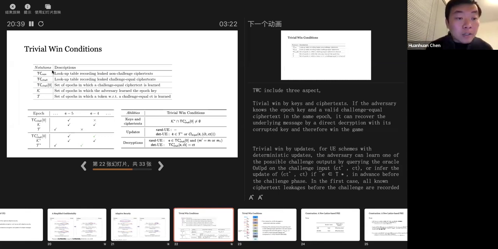And we add a new lookup table of non-challenge ciphertexts, which means a normal ciphertext that is independent of the challenge input ciphertext and its updates.